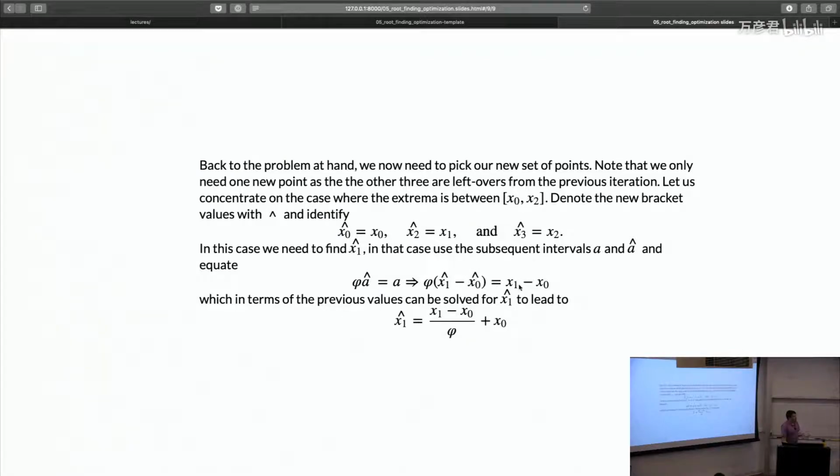And then we can say, well, that's simply because we've defined it up here, x hat x0. We can just replace that. And the same thing, x1 is right here. And we already know what x1 is, right? That's not a hat variable. We can solve for x1 hat, and we get this. So that's the subsequent picking of the brackets. That's just for the left-hand side one.